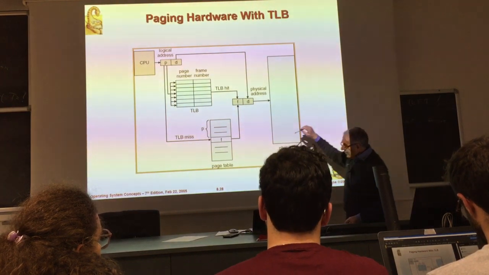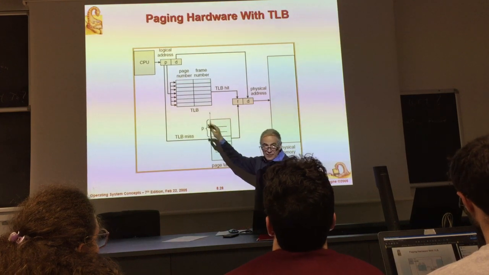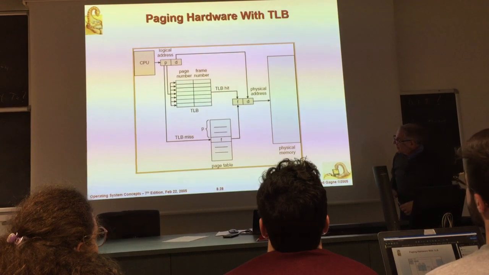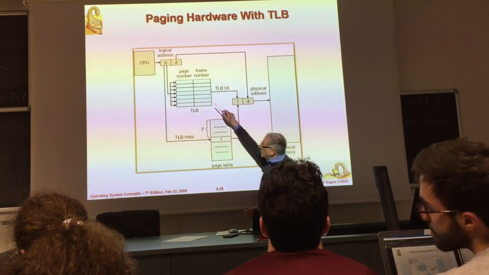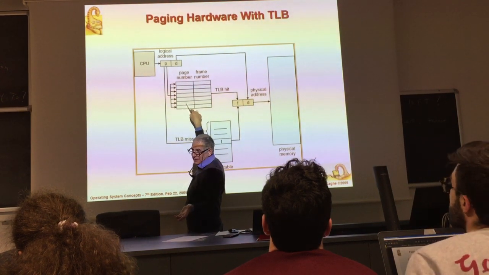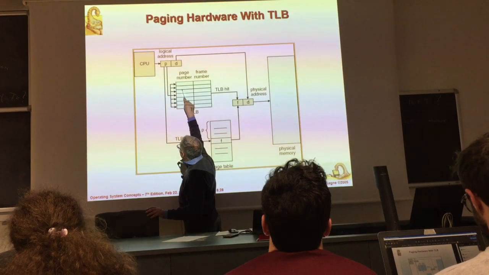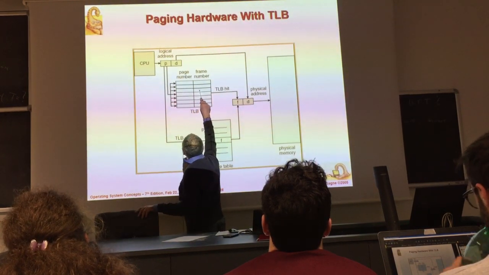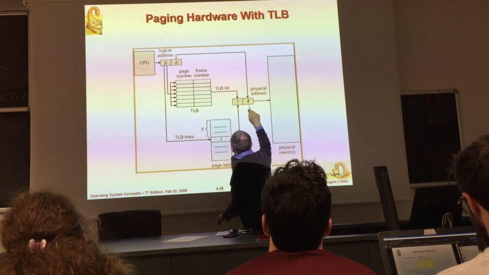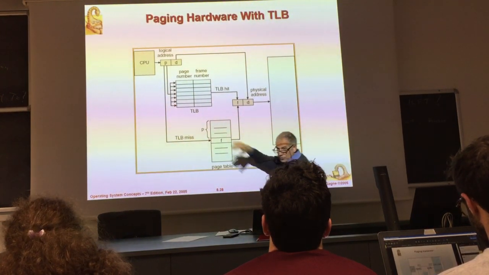You have the page table in kernel memory and the TLB, and logically you compare P with all these entries. As I said, it's like a hash table, so if you are looking for P, maybe you look here. If you find P here, you immediately find the frame, and you add the displacement and arrive here. What is the key point?